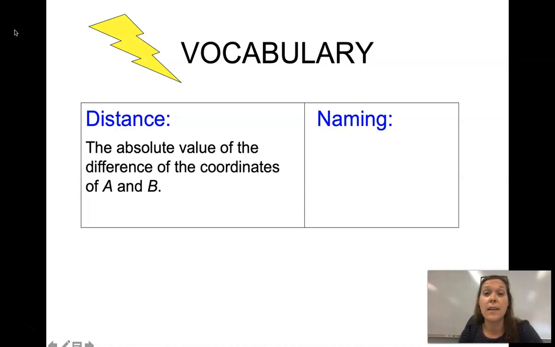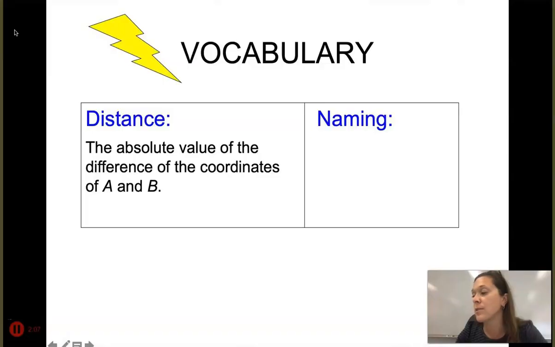Just like in section 1.1, where we used different symbols to represent things, like the double arrow to represent a line, a single line with no arrows to represent a line segment, and a line with one arrow to represent a ray, we do the same thing for distance.